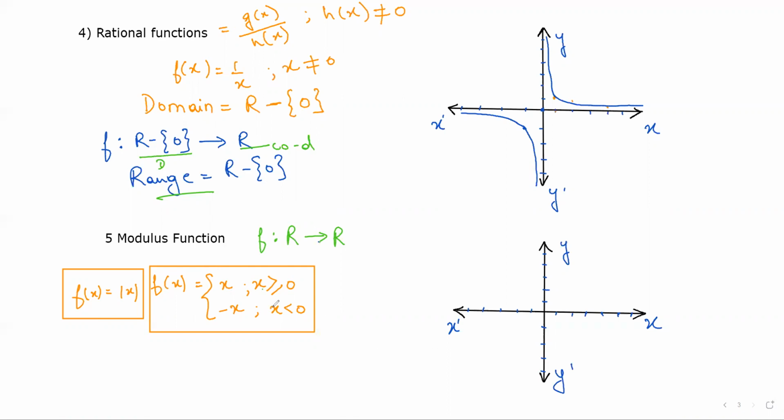For all the values which are negative, say your x is minus 1, your f of x is minus x, which means minus of minus 1, which means positive. This is an explanation of mod x. So you can write this as f of x equals mod x, or in elaborate form, you can write it like this. The second form is helpful for you to plot the values on the graph.